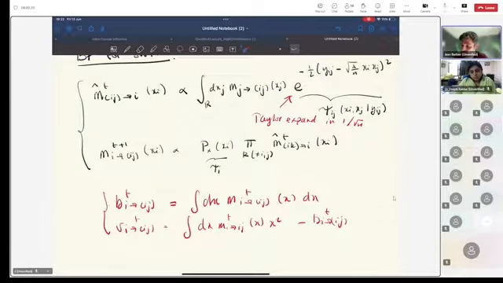This Taylor expansion is just the formal way to show that any higher order terms beyond the first and second moment can be neglected. You are showing that you can parameterize these messages as Gaussians.